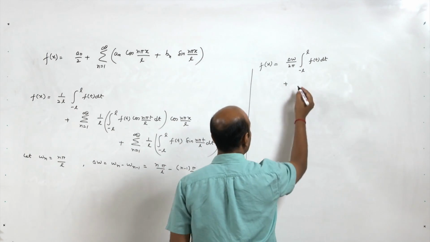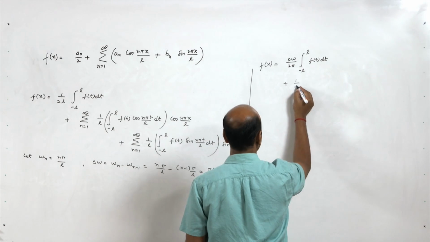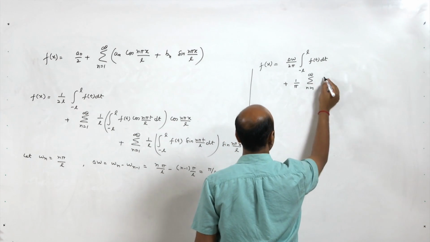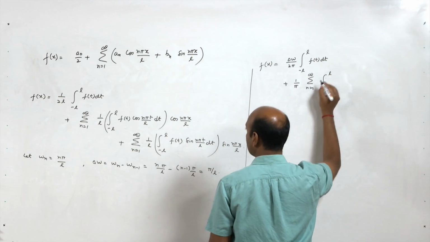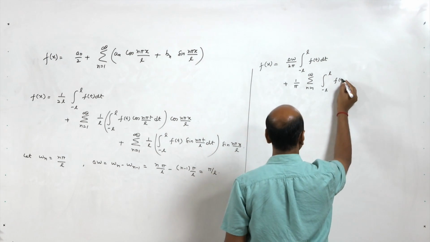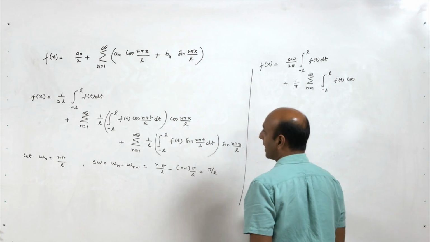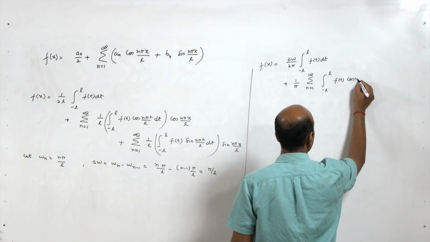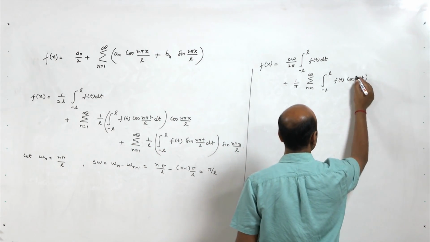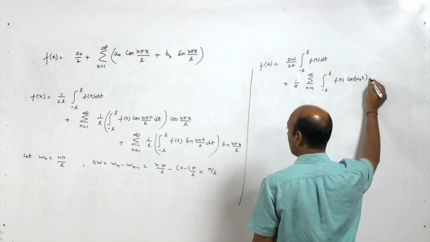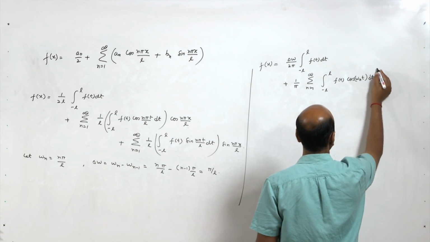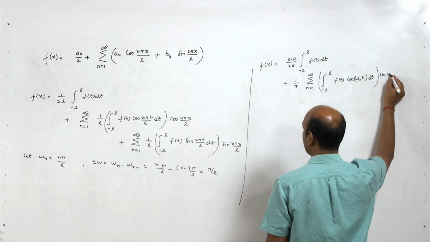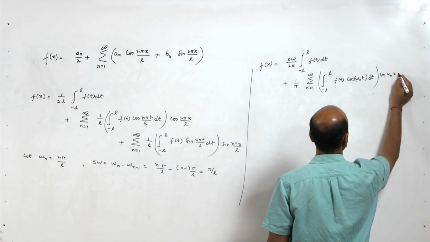So, 1 upon pi will be outside, summation n varying from 1 to infinity of the integral minus L to plus L f(t) cos(omega_n t) dt, since n pi t by L is nothing but omega_n t, and the whole multiplied by cos(omega_n x) into delta omega.